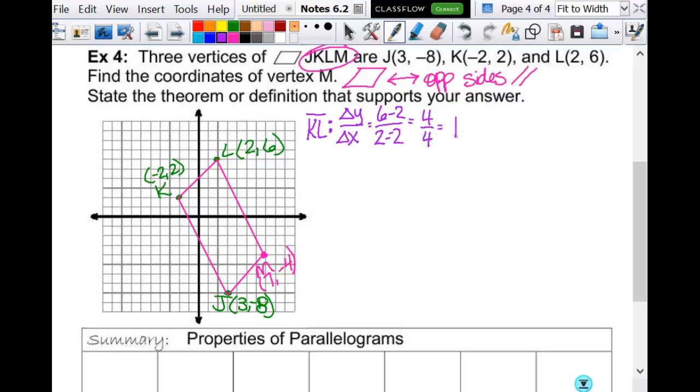So then I'm going to use JM, and that would give me -4 minus a -8 over 7 minus 3. That's also 4 over 4, which is 1. So what you've just shown is that the slopes are the same, therefore these are parallel. Is that enough?